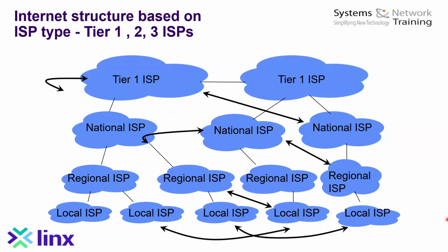There are labels applied to the service providers, which are these tier 1, tier 2, and tier 3 levels of classification for service providers, in the context of what we were just talking about with that specific example.